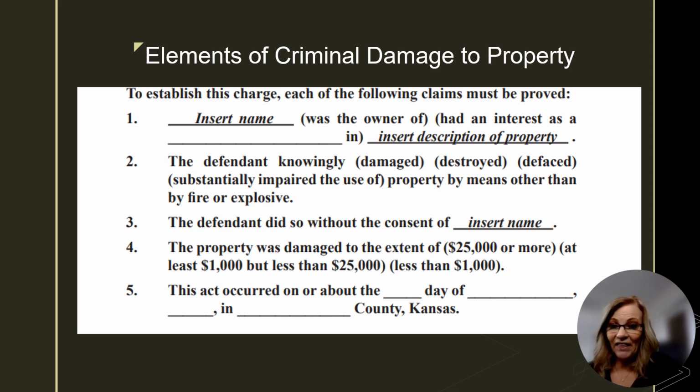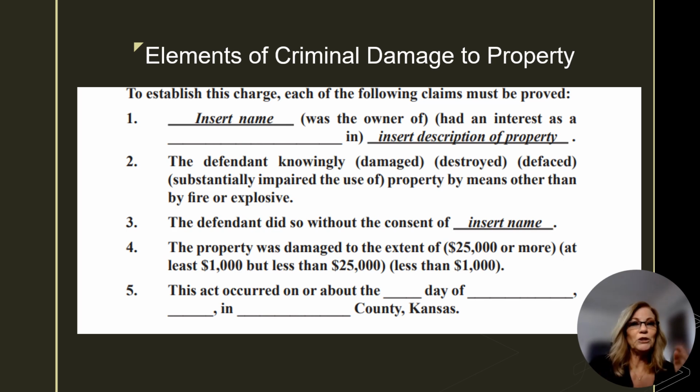So the state, then the government, because we're in a criminal case, has to prove, right, that somebody, which would be the victim, had an interest in property. The defendant knowingly damaged, destroyed, defaced, or substantially impaired the use of by means other than by fire or explosive. And that the defendant did so without the consent of the victim.